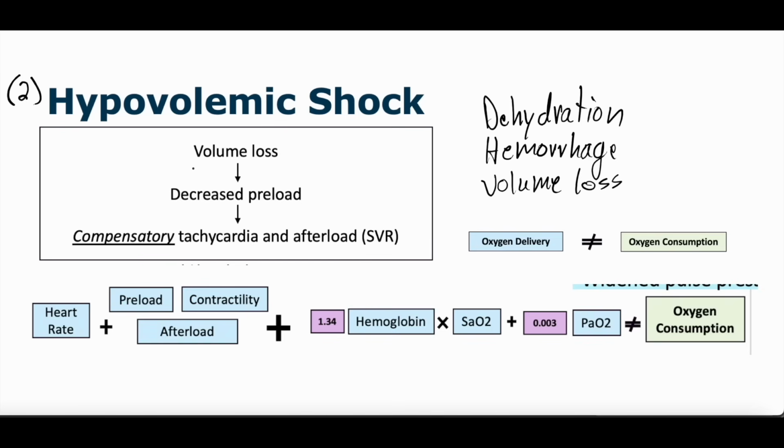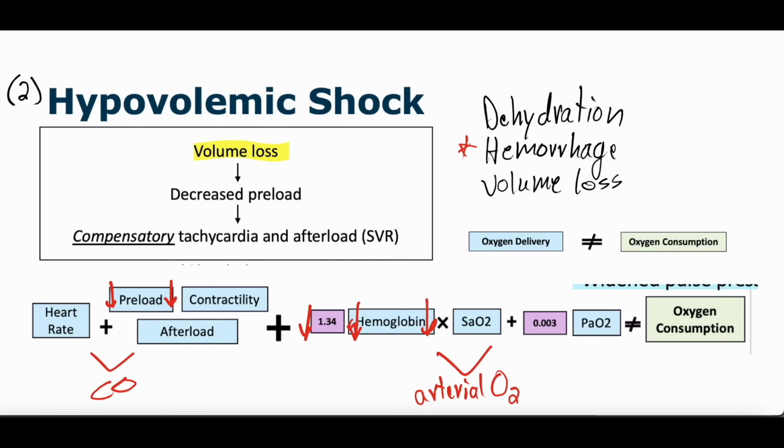And the progression here is you get severe volume loss, as we talked about. That leads to a decrease in preload. So same pattern. With red, you get a decrease in your preload. All right. If it's hemorrhage, if it's bleeding, you also get a decrease in your hemoglobin, right? So now we're having a decrease in both the cardiac output part of this equation, as well as the arterial oxygen content part of this equation.